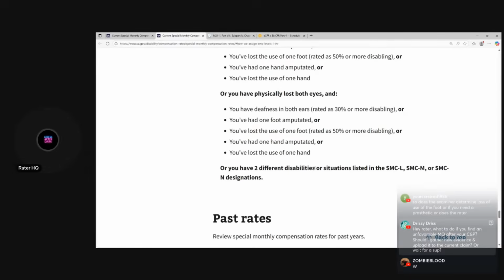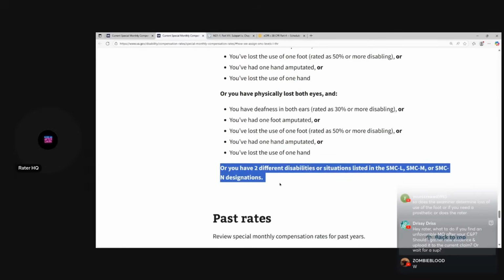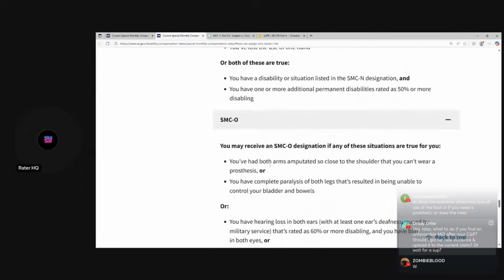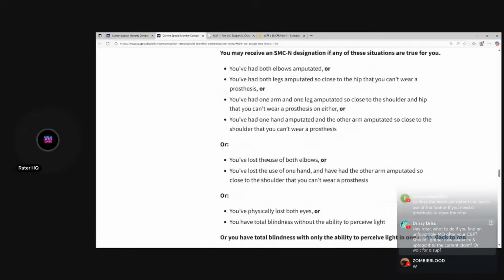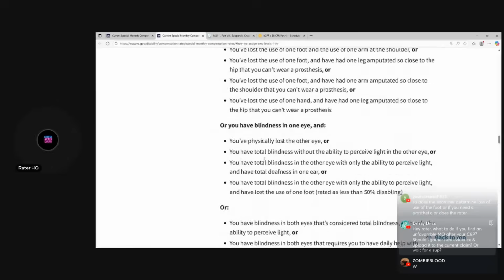Or you have two different disabilities or situations listed in L, M, or N designations. Now, this is interesting. So technically, they have to be different, right? So you could be a person with L, as we scroll all the way back up.